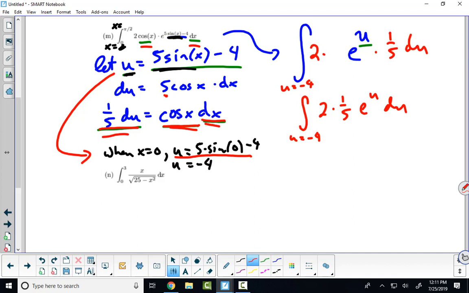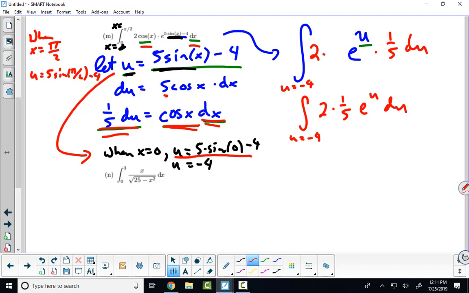Thomas. How did you know not to evaluate it at pi? What's that? So when you said when x equals 0, how did you know not to do pi? Oh, great. We're going to do it right now. So you tell me. When x equals pi over 2, how are we going to find u? We're going to say u equals 5 sine of pi over 2 minus 4, right?